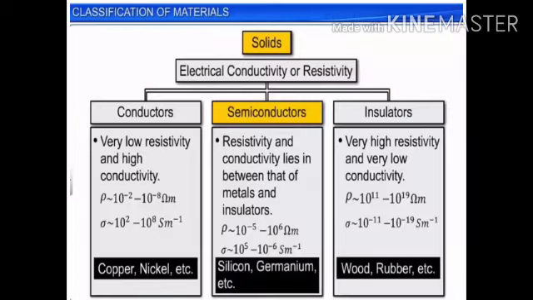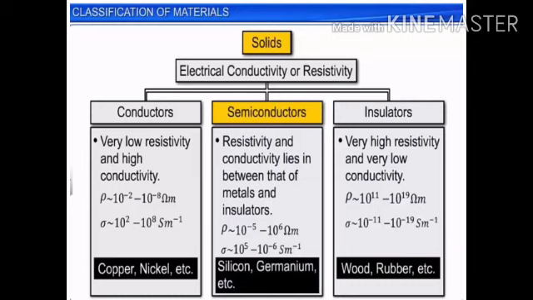Okay, now classification based on electrical conductivity or resistivity. Conductors have very high conductivity. Conductivity is very high means the resistivity must be very low. The resistivity is denoted by rho.